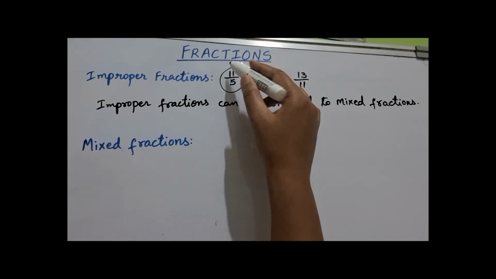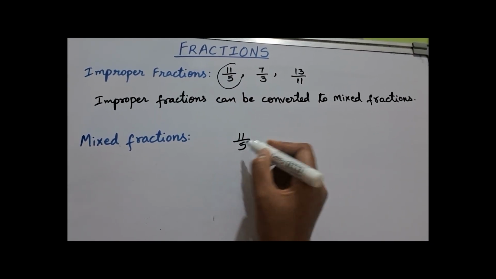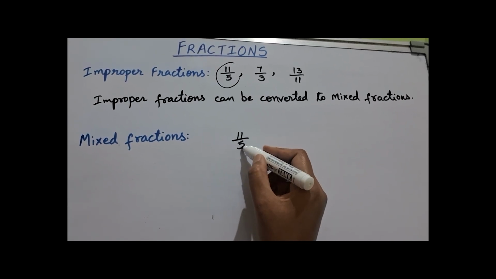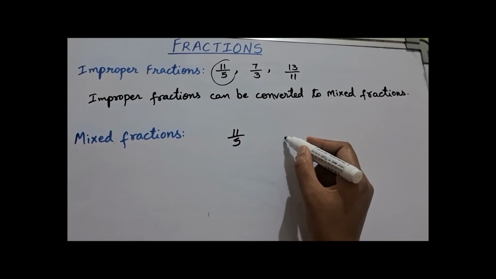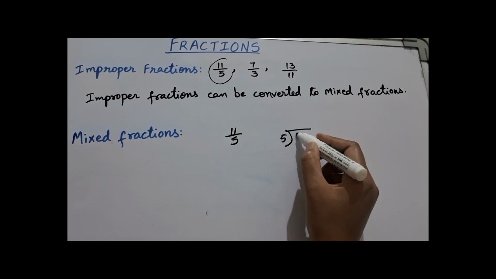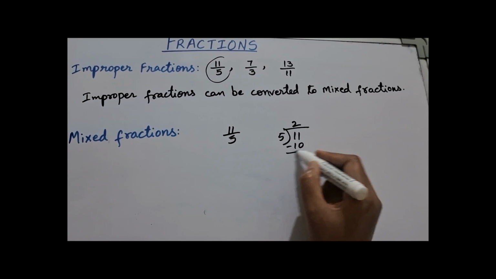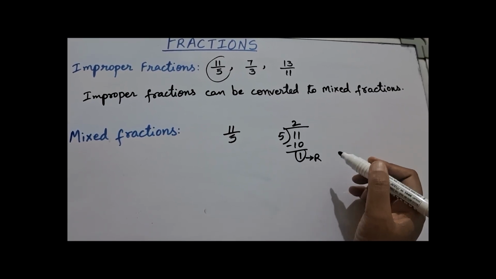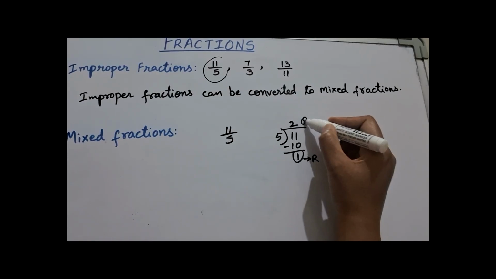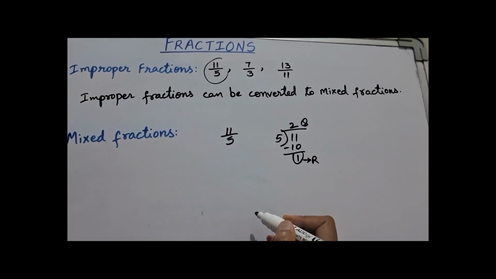Now, if you take the example of this one, 11 by 5. Just divide this numerator by the denominator. Here we got remainder 1, quotient 2, and this is the divisor.